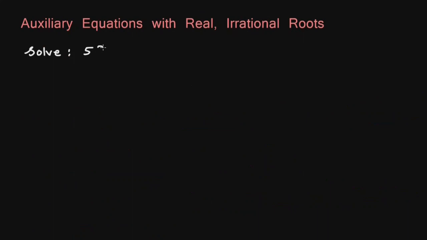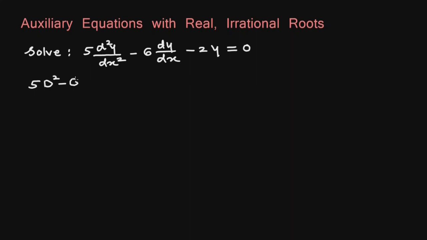Solve 5 d2y by dx square minus 6 dy by dx minus 2y equals 0. In terms of D, this will be 5D square minus 6D minus 2 into y equals 0. The auxiliary equation is 5D square minus 6D minus 2 equals 0.